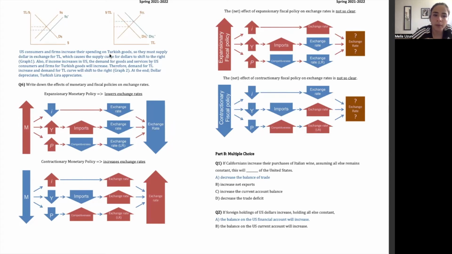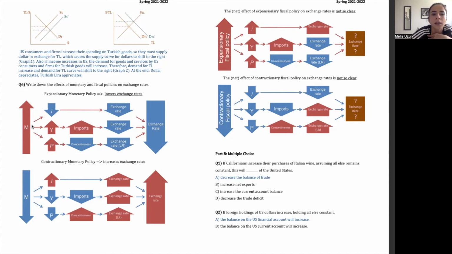So demand for foreign assets will increase, and it means appreciation for foreign assets, and that's why it will decrease the price of domestic goods in terms of foreign goods. So that's why it lowers the exchange rate.